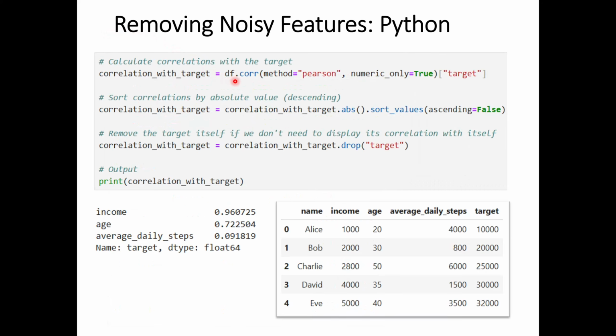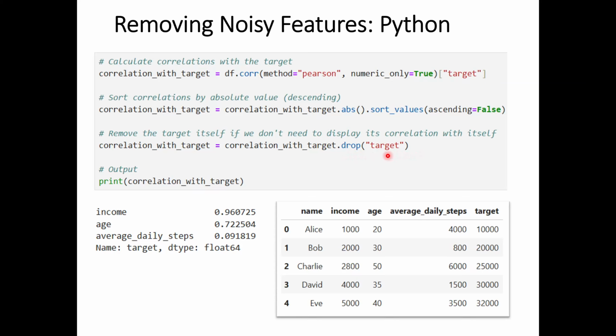We calculate the correlation of all features with the target variable, sort the correlation values in descending order of their absolute values, and remove the target itself if we don't need to display its correlation with itself.